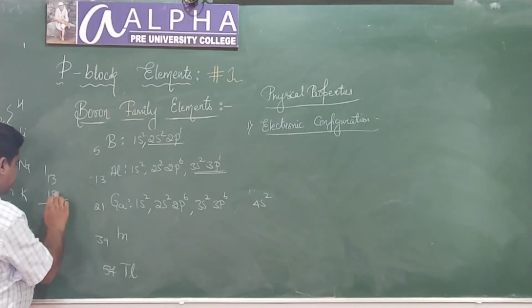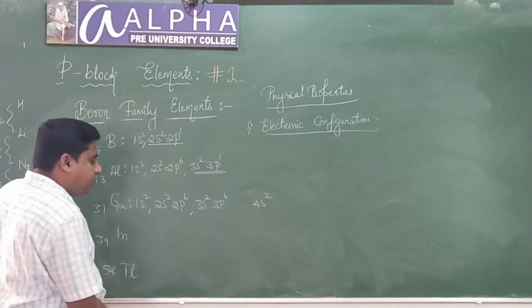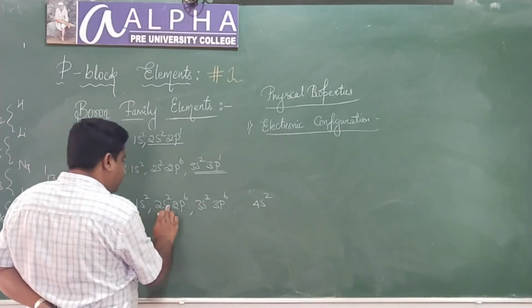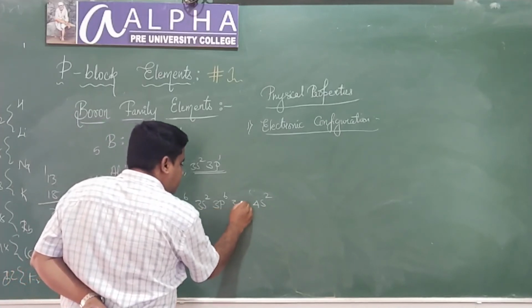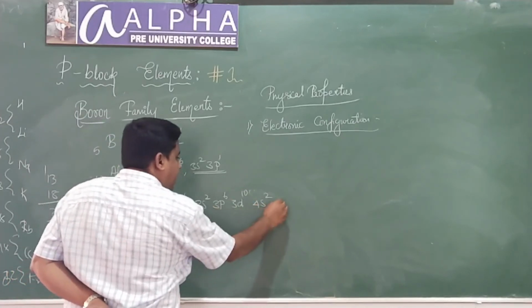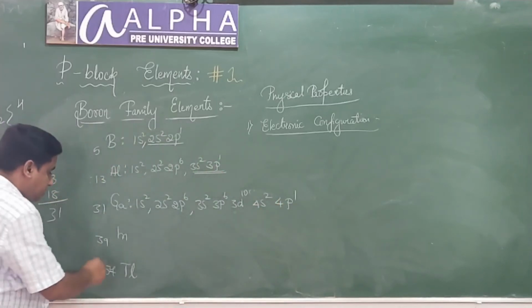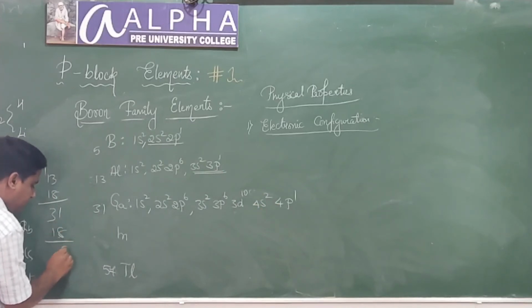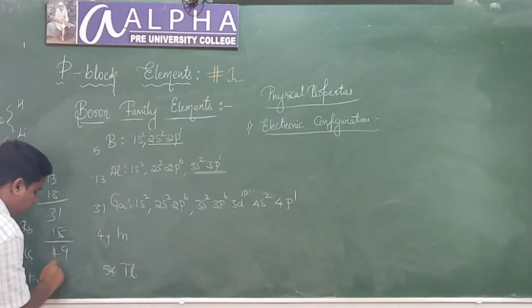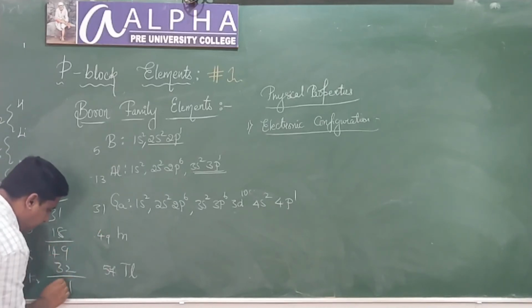If I take this as 31, can I say 1s2, 2s2, 2p6, 3s2, 3p6, 4s2, 3d10 and 4p1? I'm sorry, so here we have to add 18 and 18. 31 plus 18 is 49. 49 plus 32 is 81.